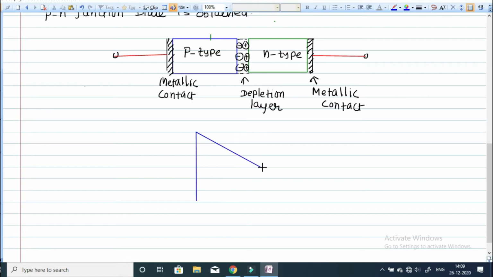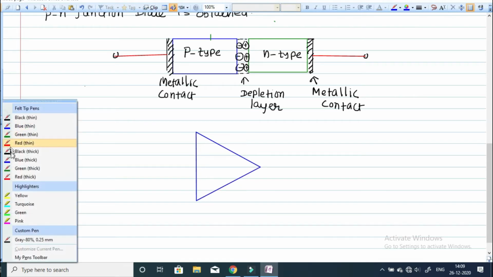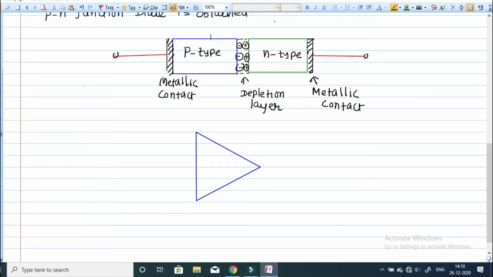This is your p-type semiconductor. P-type semiconductor is represented by a triangle, and we have n-type semiconductor. N-type semiconductor is represented by a vertical line. Yeah, this is your n-type semiconductor.